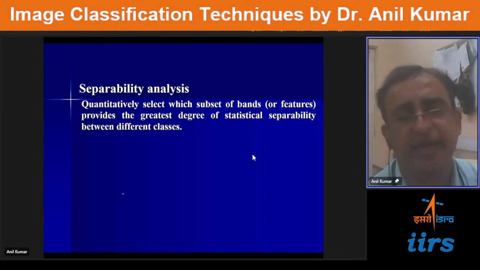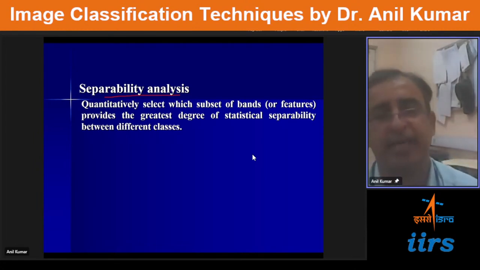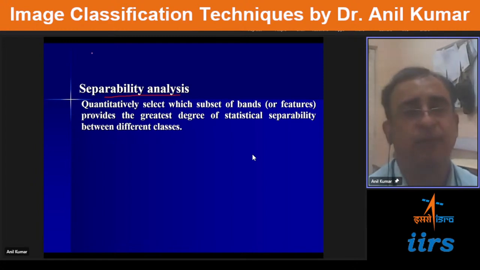The very important point for image classification is separability analysis. When we use a multispectral image for thematic map preparation, and nowadays you are getting 12 to 13 bands in the multispectral domain, I'm expecting a forest class, water class, then built up class, then agriculture class, like this.